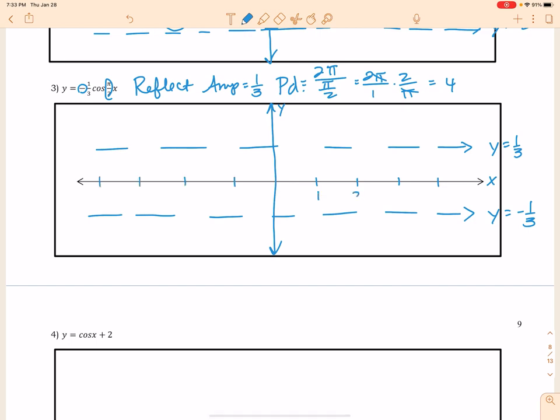And since it's in radians, and there are 4 of them, 4 divided by 4 is 1. So each one of these is worth 1 space. And then, of course, we have a reflection. So that means my graph is going to look like this. Easy peasy lemon squeezy.